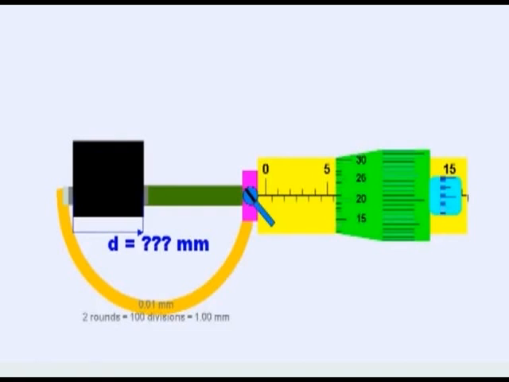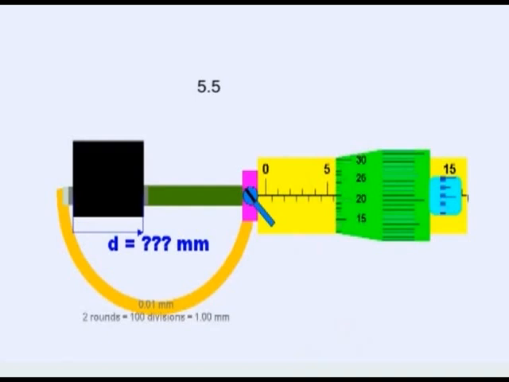So if I'm reading, I shall have 0, 0.5, 1, 1.5, 2, 2.5, 3, 3.5, 4, 4.5, 5, and 5.5. So I record 5.5 millimeters.